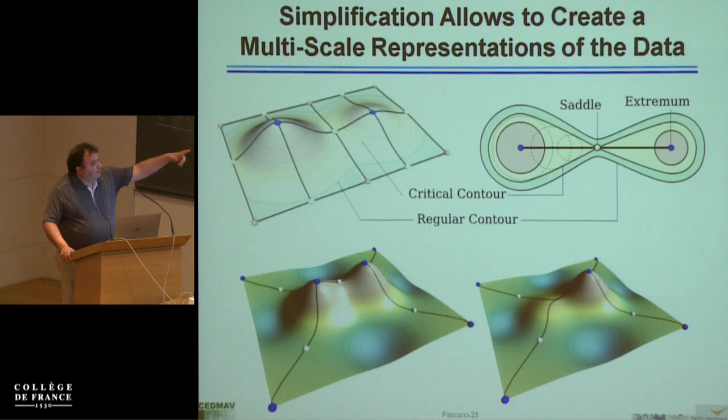In 2D, that means that if I have a saddle point and a local maximum, I can contract, and from the bottom left I go to the structure at the bottom right that has fewer critical points and one fewer hill. That can be done entirely combinatorially, so I can have a data structure get simpler and simpler so that it does not leave the user overwhelmed all the time with all the details.